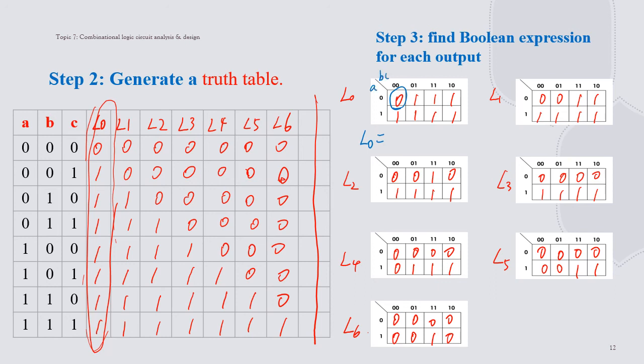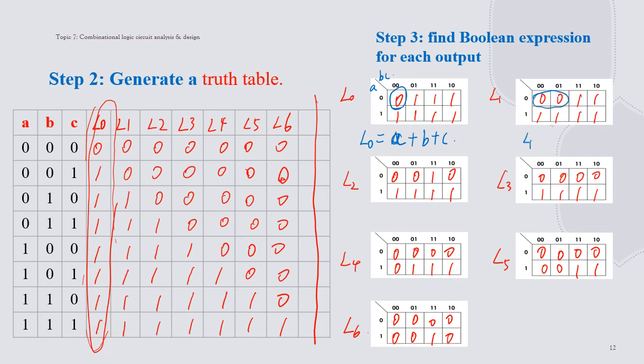Remember, POS means we need to write the simplified term into sum terms. So this will be A or B or C, because we are grouping 0s here. Similarly, this is much easier than grouping ones.